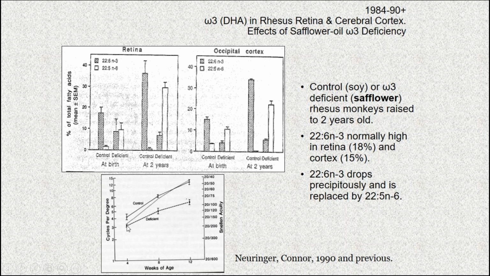And they had another group in which they restored the omega-3s in the diet of the deficient animals. And you can also see that their vision then was restored to the controls. And this was really very powerful evidence that omega-3s are the key to visual acuity, to the visual function, but really also to brain function as well.